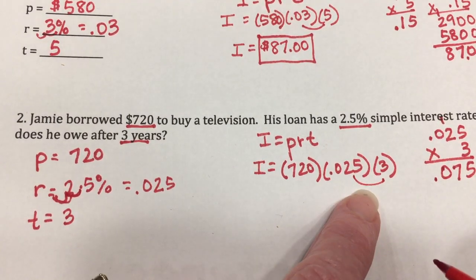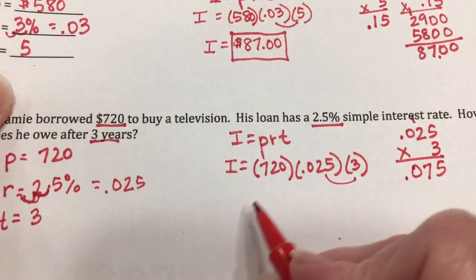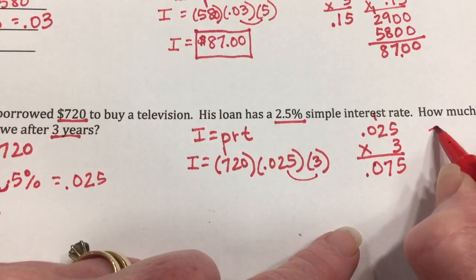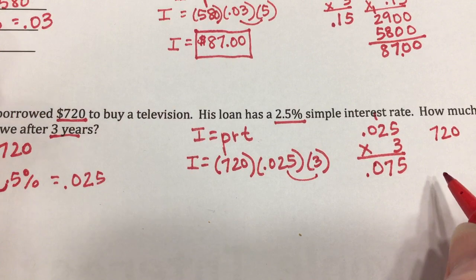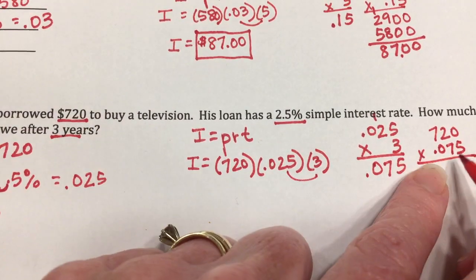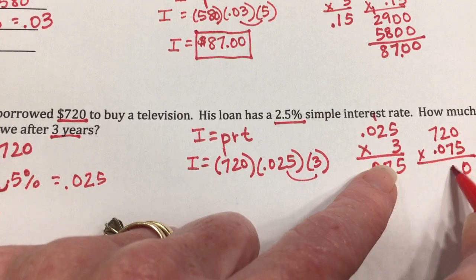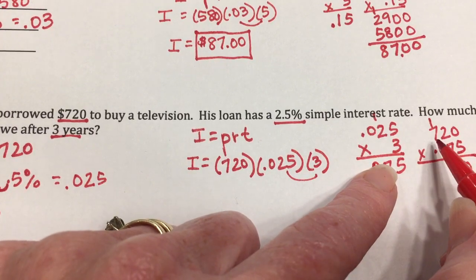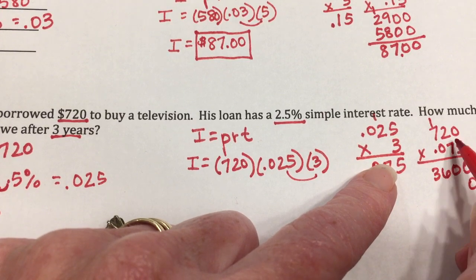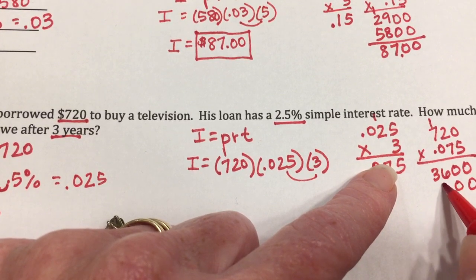So taking care of these 2, I still need to multiply times 720. So now I'm going to take this number here and multiply by 720. So times 0.075. 5 times 0 is 0. 5 times 2 is 10. Carry your 1. 5 times 7 is 35, plus 1 is 36. Start with a 0. 7 times 0 is 0. 7 times 2 is 14.